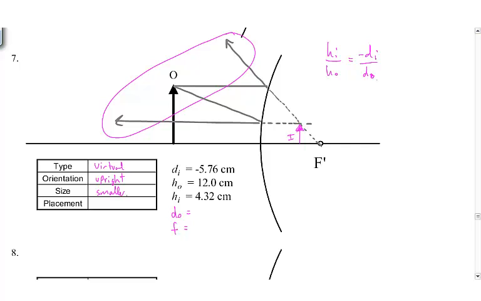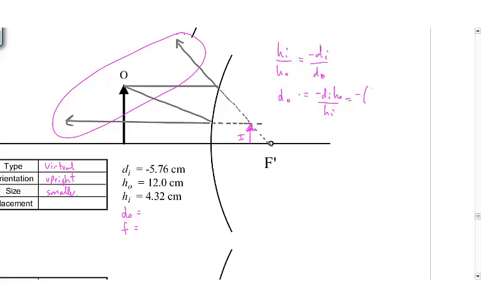So solving for do, I'm going to cross multiply. So do times hi equals negative di times ho. And then last step to get do, I'm going to divide both sides by hi. So hi comes down here and divides out on the left side. So the negative stays in the front.